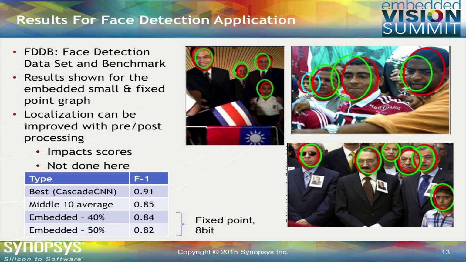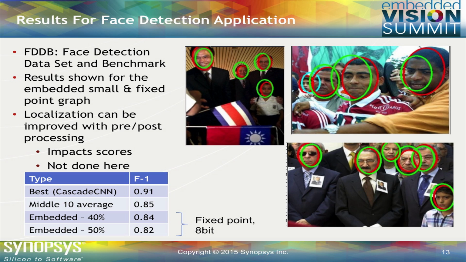So here, to test this, we've also used another database that is not the one extracted from the movies, which is, in this example, the FDDB database, which is just a bunch of pictures, often with bad quality, out of focus faces, that type of stuff. So to have a test set that is a bit challenging. And we tried different versions of our fixed point small CNN graph on it.